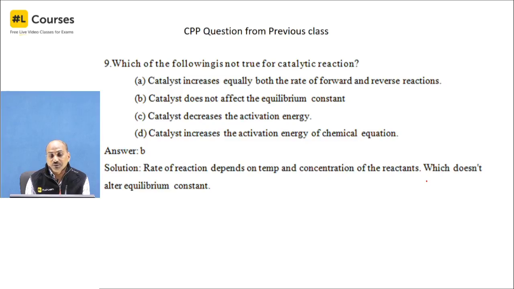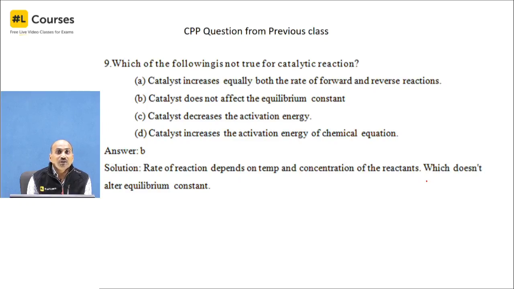The question goes like this: which of the following is not true for a catalytic reaction? When we look at the characteristics of a catalyst, we discussed that the rate of forward reaction and the rate of backward reaction are the same. That's why we get equilibrium. So the equilibrium constant means the velocity of the forward reaction and the velocity of the backward reaction are the same.